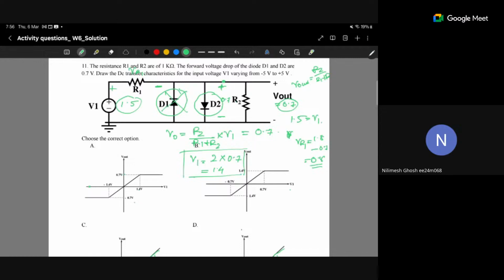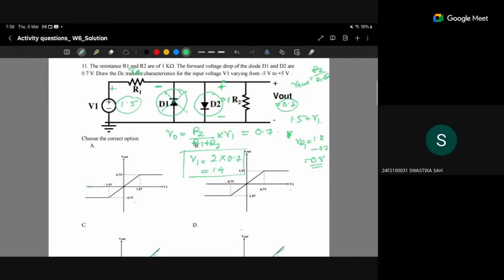Everyone got this? Yes, sir. So the same thing will repeat in the negative half, and the values will not change, only the values will be negative, because this is a completely symmetric circuit, right? Yes, sir. So everyone got the analysis part and also the intuition part.